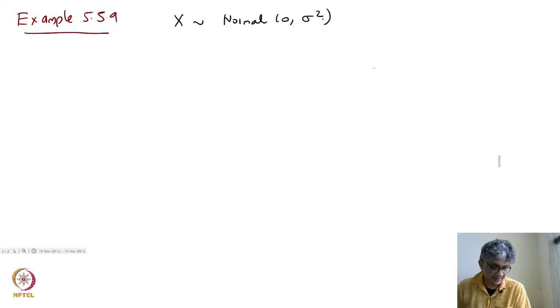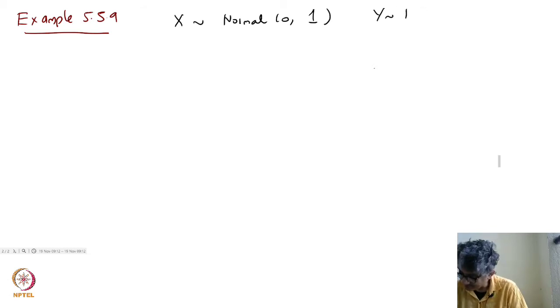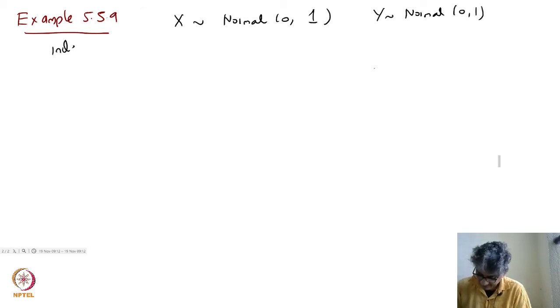Then maybe I'll take variance 1 just to make computation easier. Variance 1, and I take Y also to be normal with mean 0, variance 1. Independent random variables.